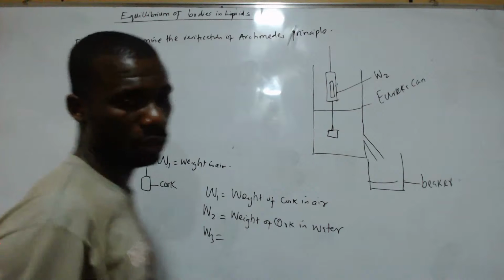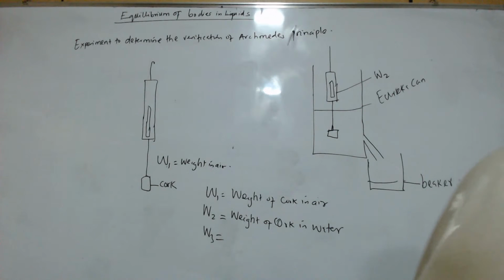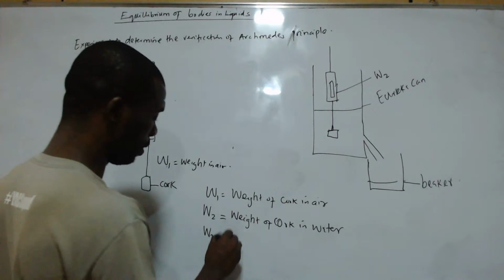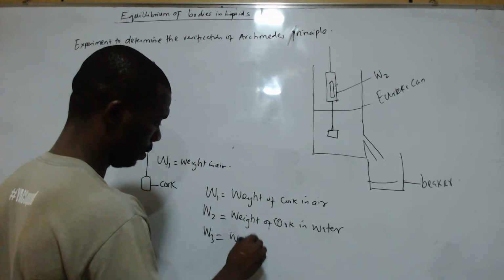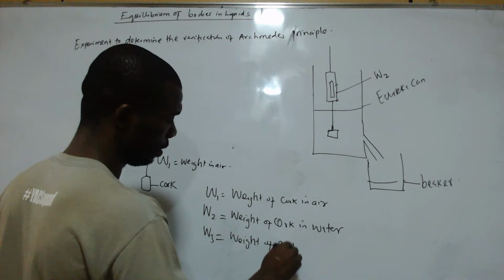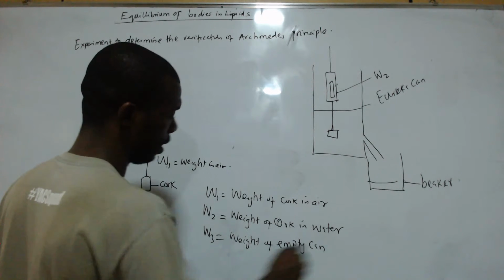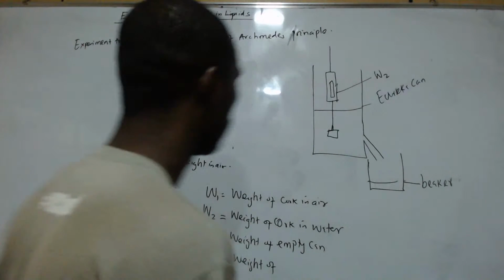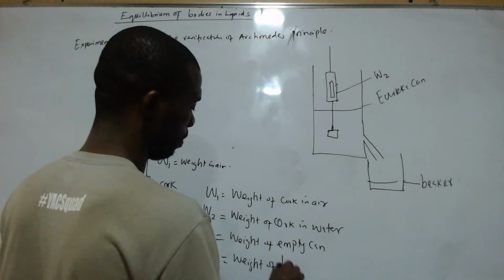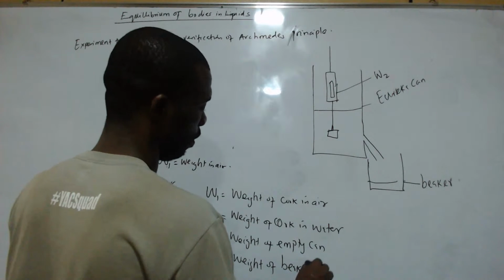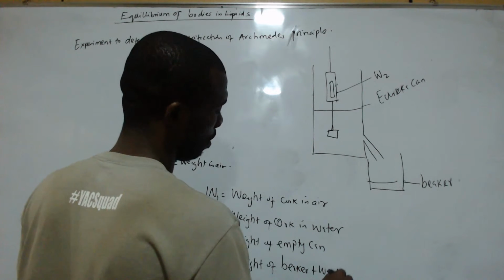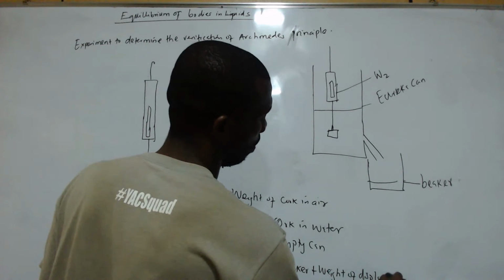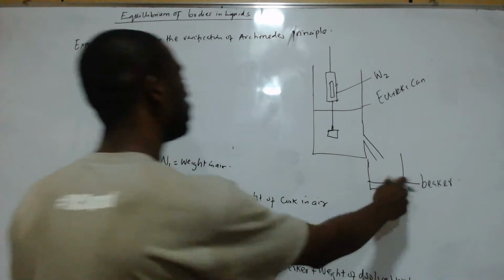W3 is equal to the weight of the empty can. And it is the weight of the beaker plus the weight of the displaced water, which is this one here.